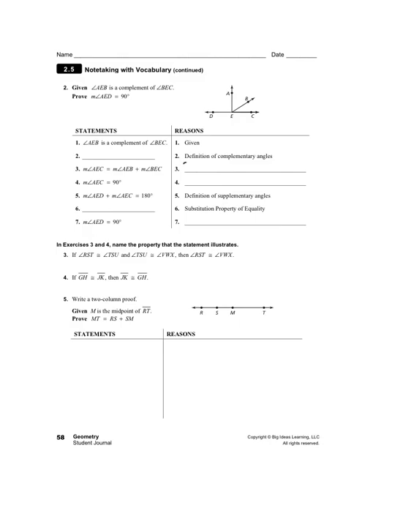So by the definition of complementary angles, we can state that if AEB is a complement of BEC, then the measurement of AEB plus the measurement of BEC is equal to 90 degrees, okay?